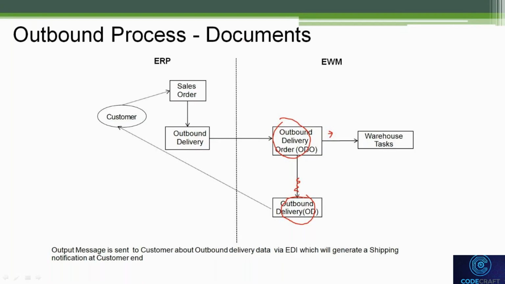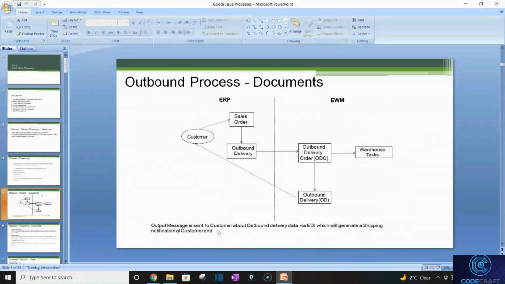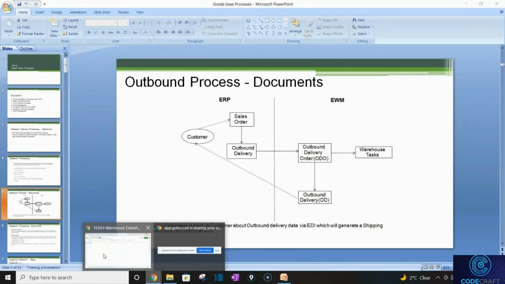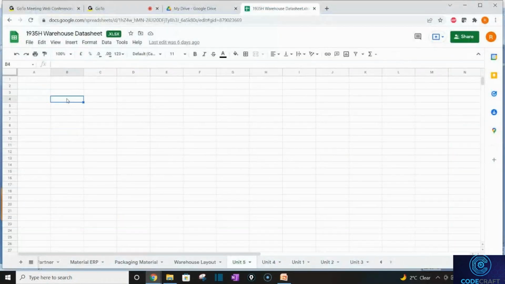So what happens is we have a delivery. Let me explain so that when you see it in the system, it will be more clear. Let's say we have an outbound delivery in ECC or ERP. Let's say it starts with 81000021.